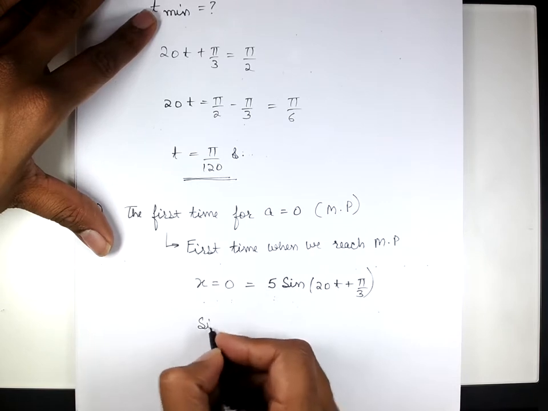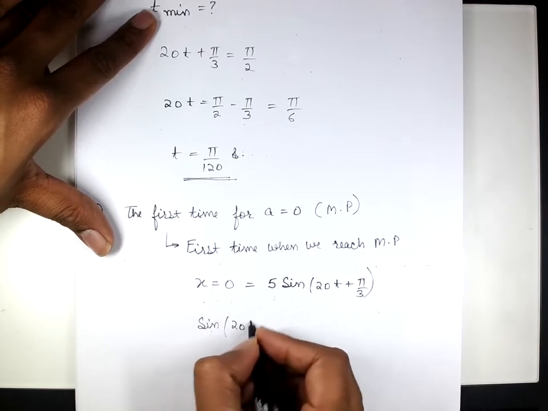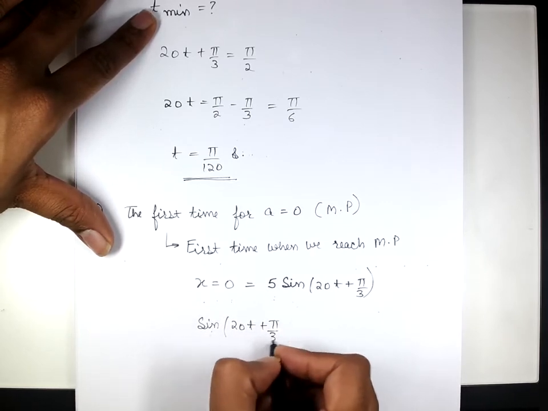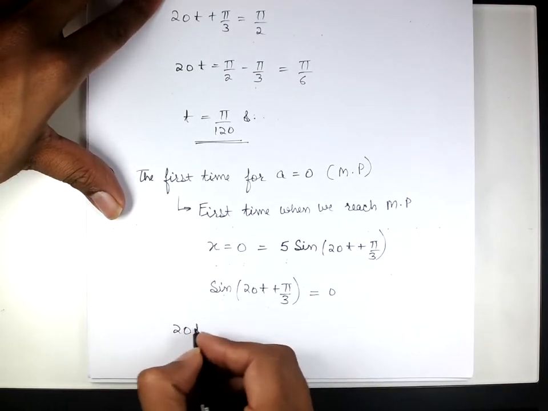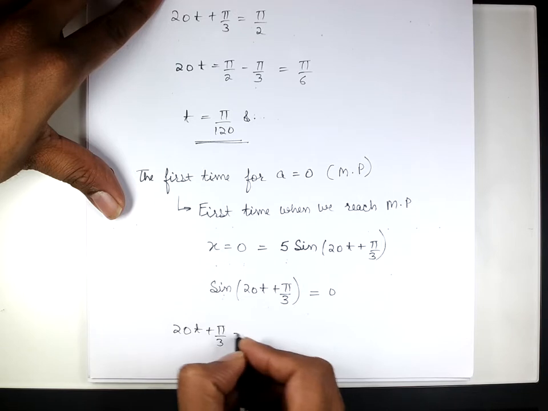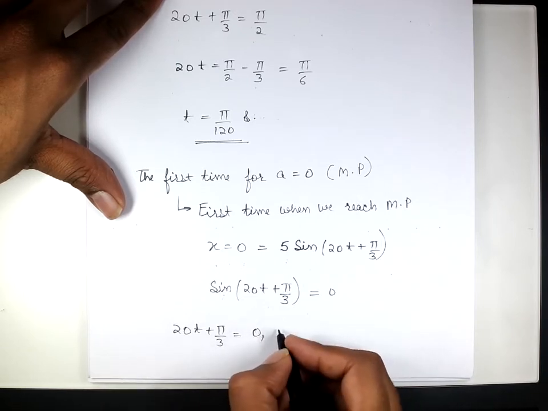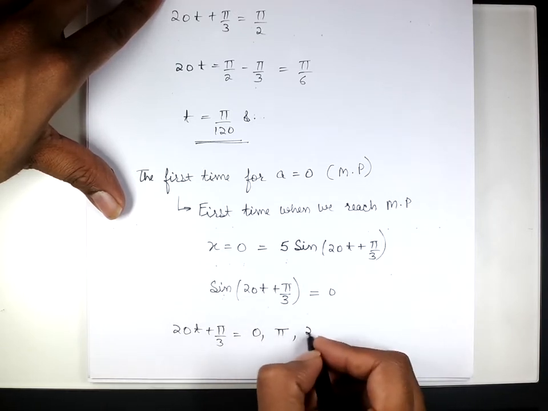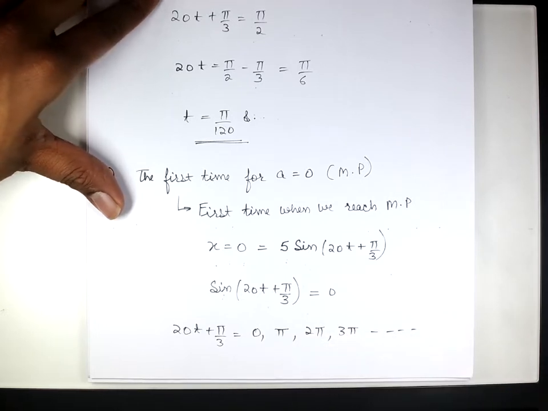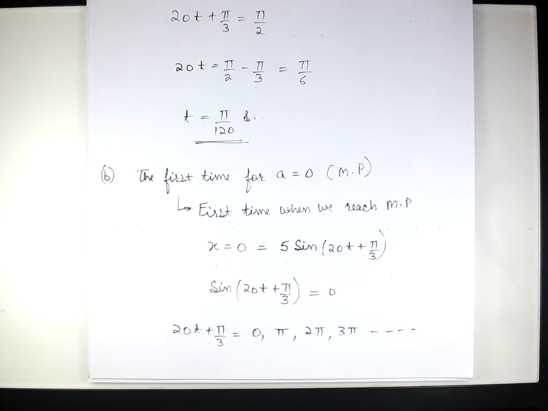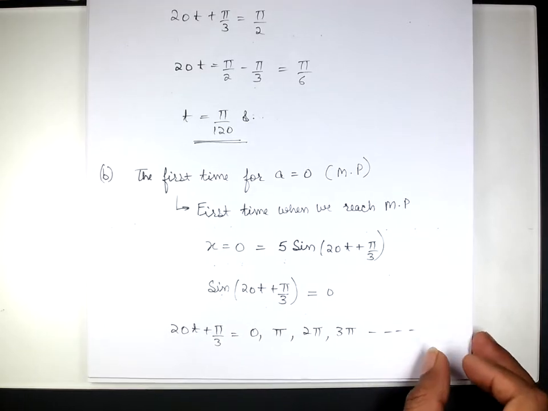This is only possible when sine of (20t plus pi by 3) is equal to 0, or 20t plus pi by 3 is equal to 0, or pi, or 2 pi, or 3 pi, and so on up to infinity, because we would have a large number of roots in this particular case also.